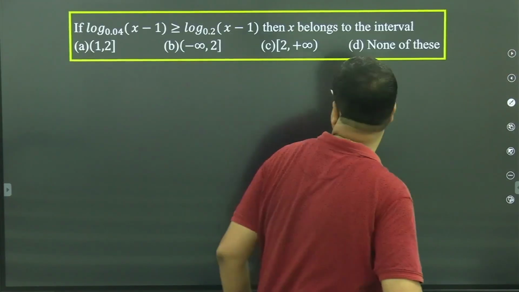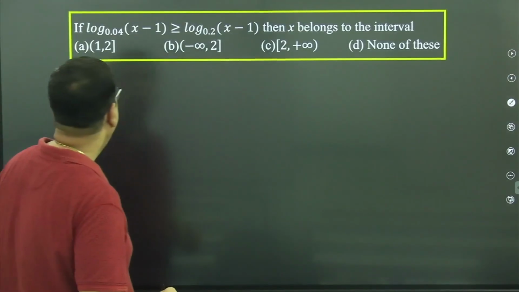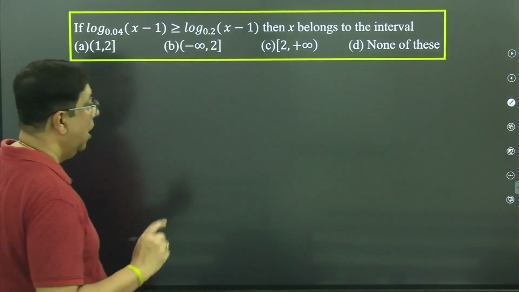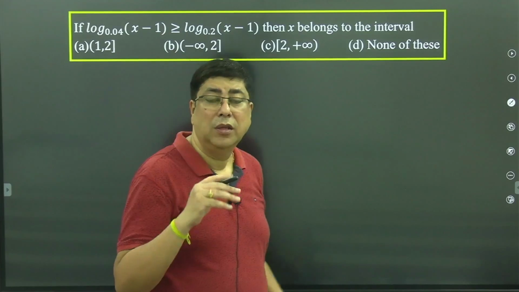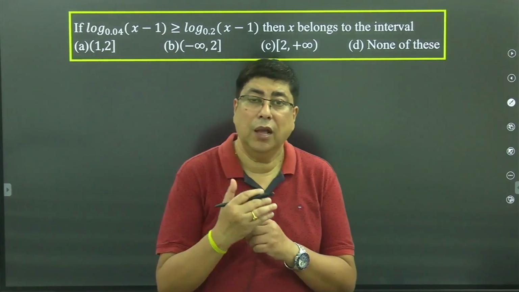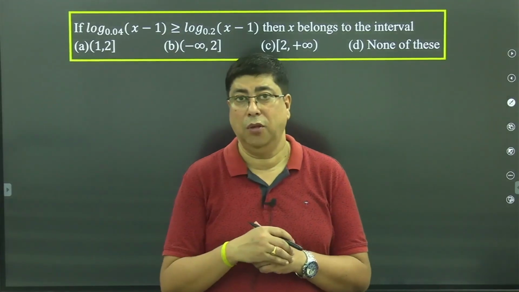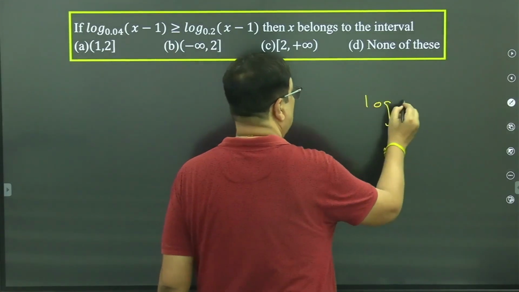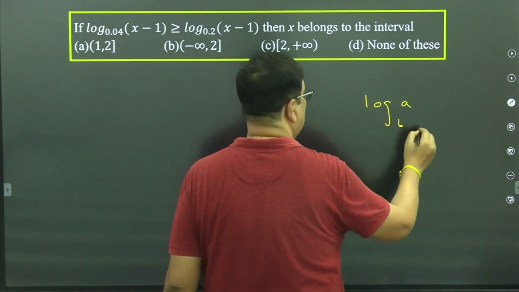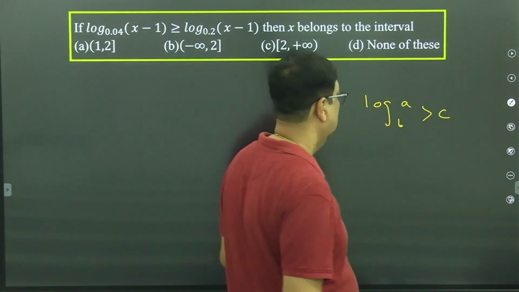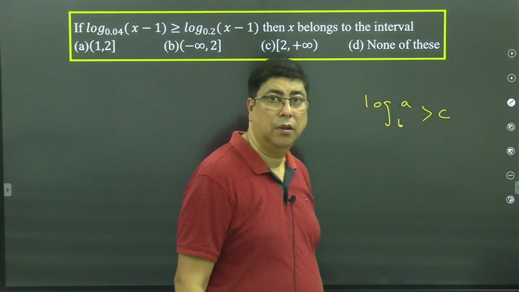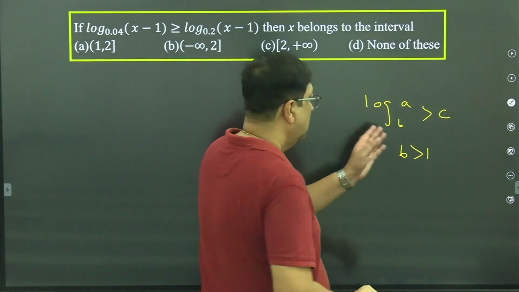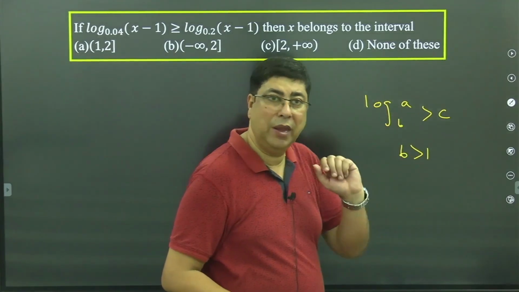Next I am going, next term, log 0.04 x minus 1 greater than. One thing, one more property. There is no end of the properties of the log. So for example, log a base b suppose greater than c. If b is greater than 1, so as it is, the inequality will be maintained.